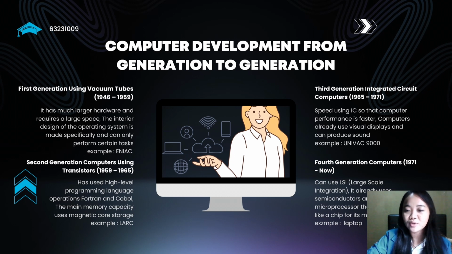Fourth generation computers use microprocessors. Computers in this generation have used LSI, large scale integration, and have used semiconductors and microprocessors that are shaped like chips for memory. An example is the laptop that we use every day.